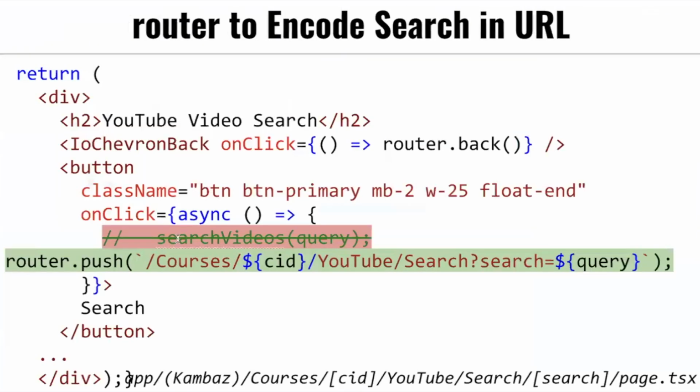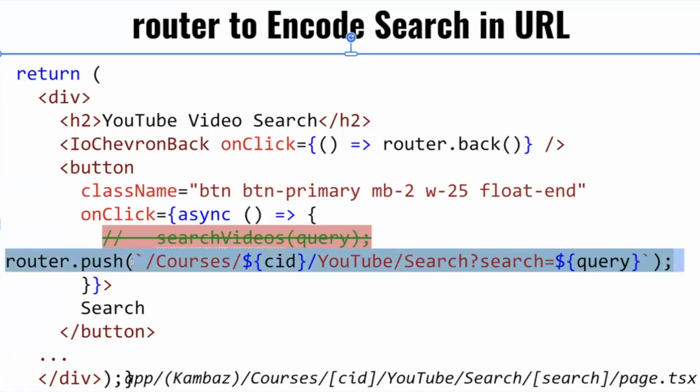And also, when we click on the search link, instead of searching for the videos, we're going to cause a navigation, so that we encode the search term we just typed in a query parameter. Let's do that.